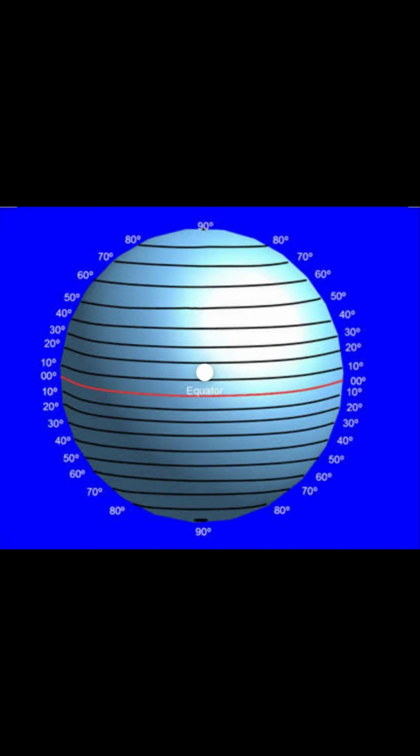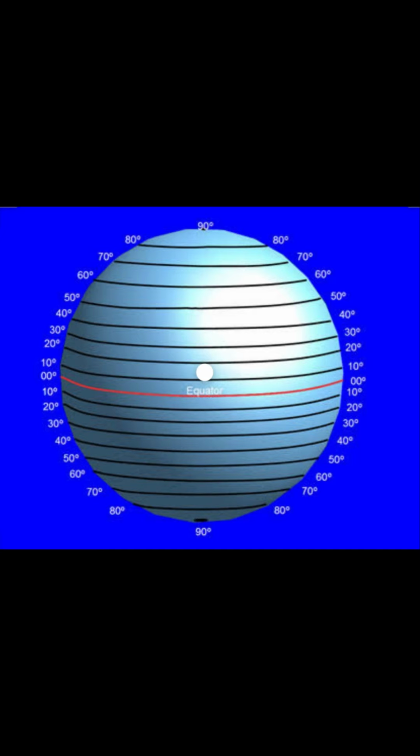You can also see the other numbers children: 0, 10, 20, 30, 40, 50, 60, 70, 80 and 90. The northern part, the upper part, from 0 degrees to 90 degrees is called the northern hemisphere. The part down below, from the equator to 90 degrees, is called the southern hemisphere.